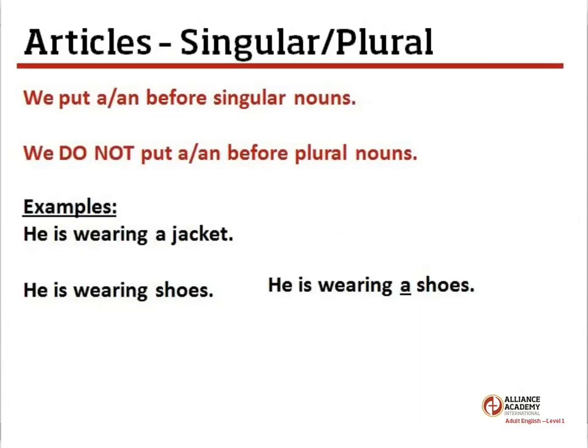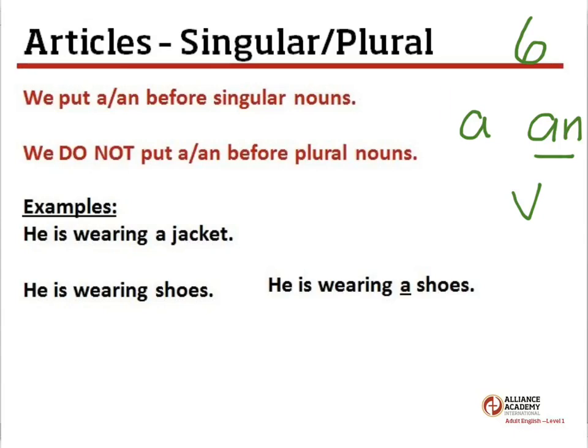Now, one thing that is not part of present progressive tense, but it is a part of Module 6, is using articles correctly with nouns. Now, articles are a or an, and we talked about an being used for a word that begins with a vowel.